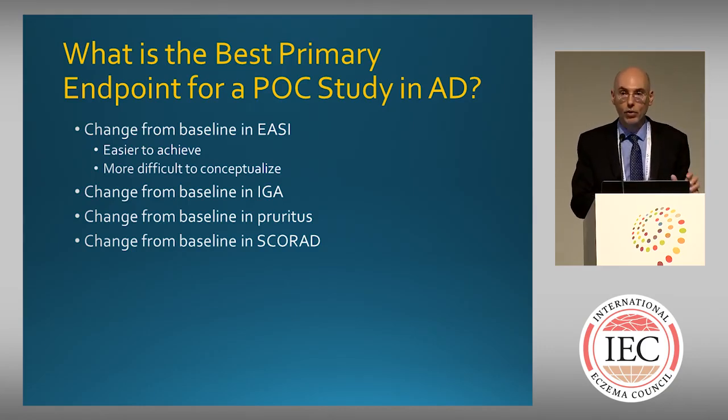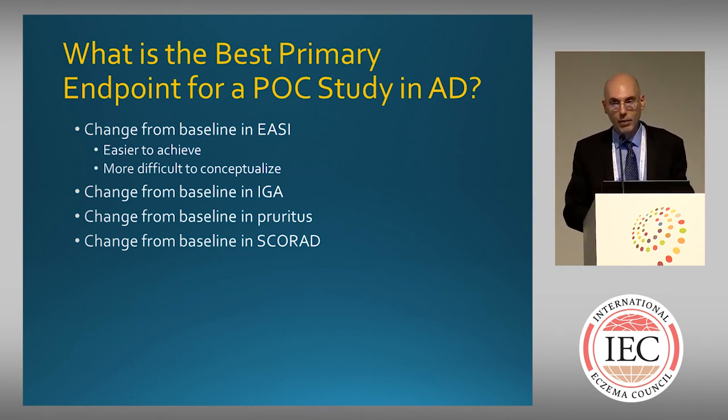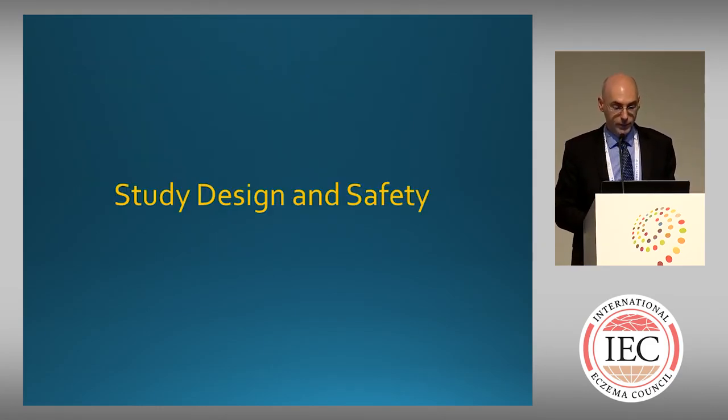If I'm told that a drug will give on average a decrease in EASI of 45%, I don't have a clear picture. So that might be good to get a primary endpoint where we achieve efficacy, we can say statistically significant and publish, but the regulators won't accept this in later phase studies.